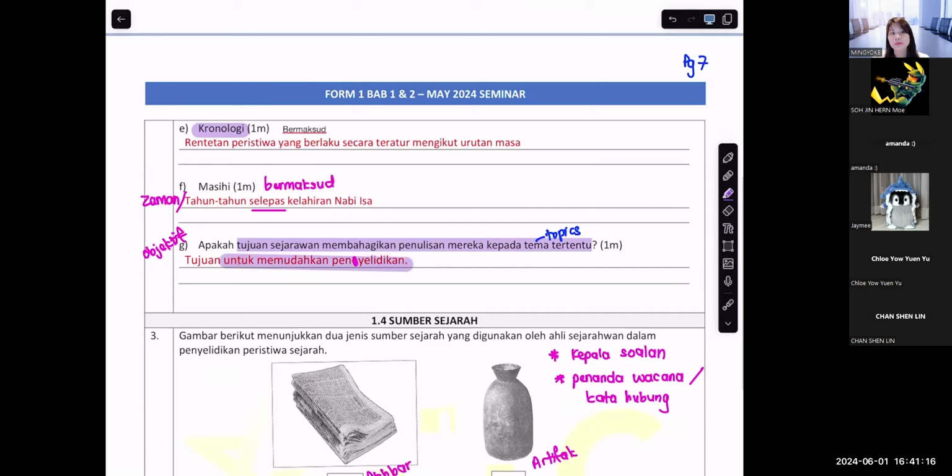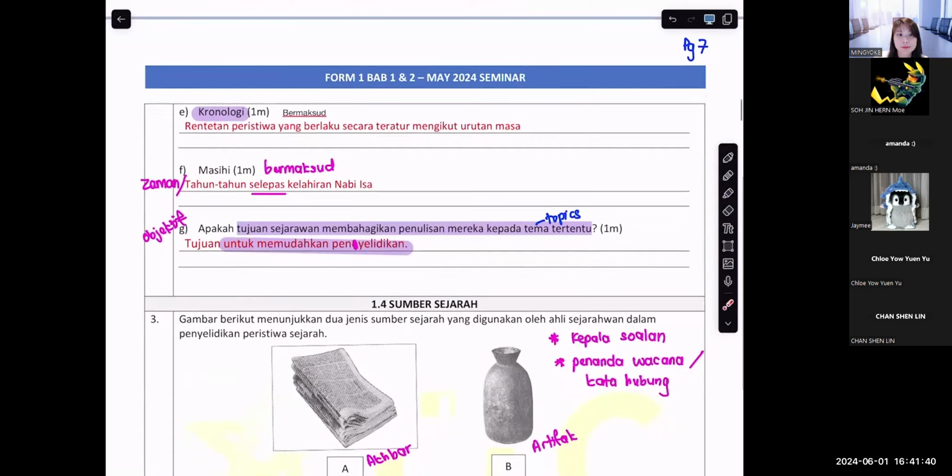Like that. If you write tujuan untuk memudahkan penyelidikan, that one is a straightforward answer. That's the problem lor. Difficult hor. So it depends on your teacher whether they want kepala soalan and how strongly they need the kepala soalan.